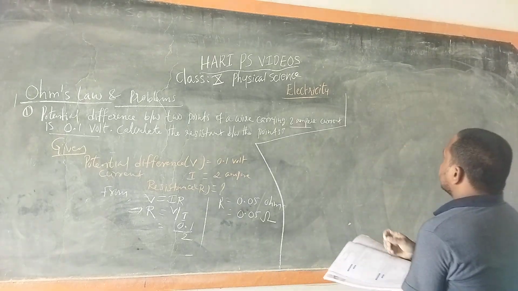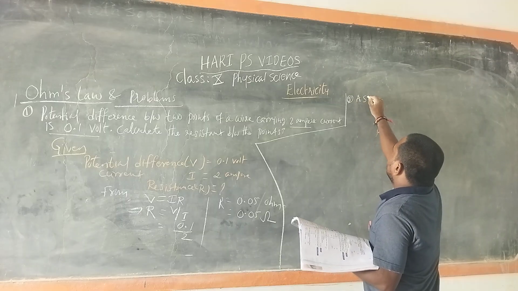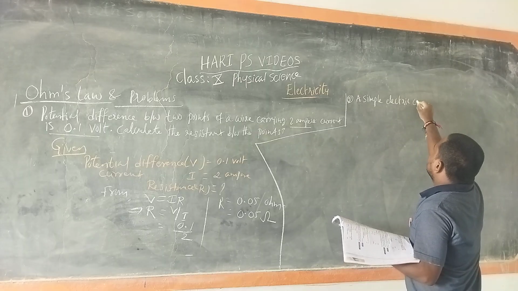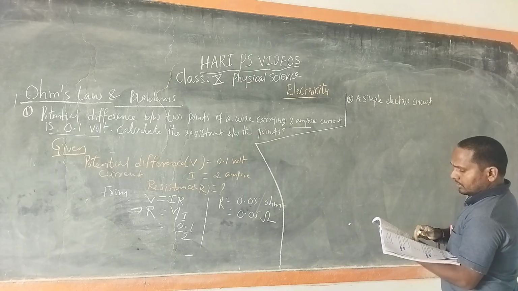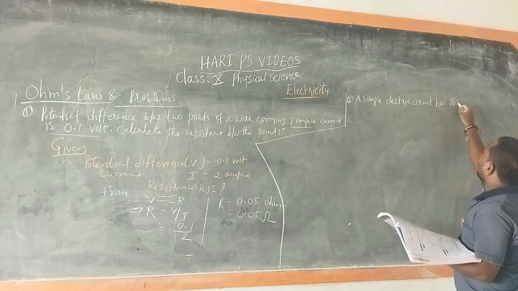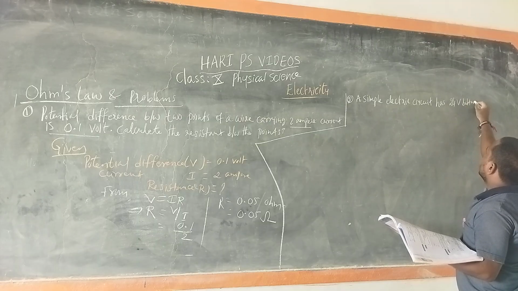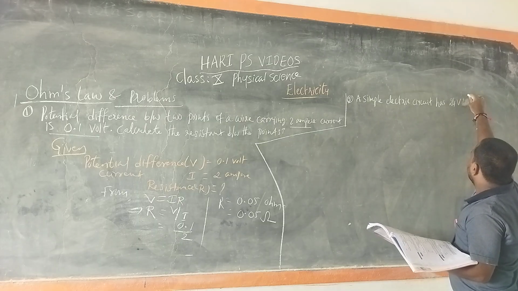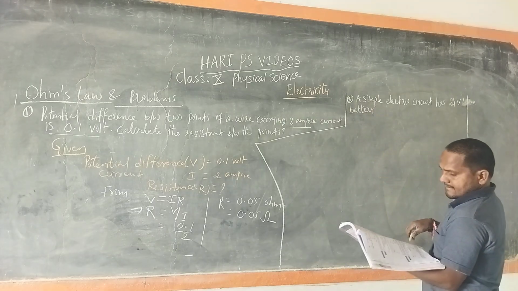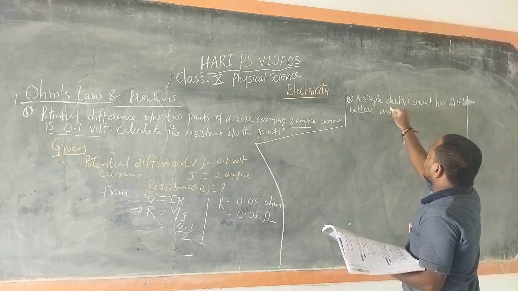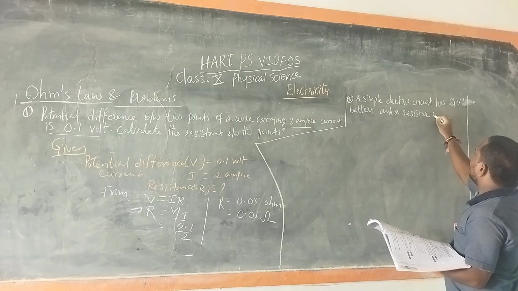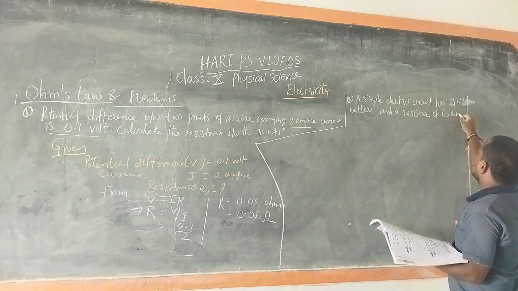A simple electric circuit has a 24 volt battery and a resistor of 60 ohms.